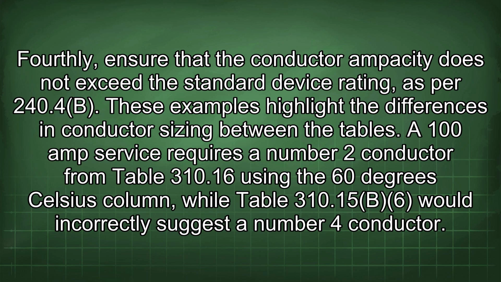These examples highlight the differences in conductor sizing between the tables. A 100 amp service requires a number 2 conductor from Table 310.16 using the 60 degrees Celsius column, while Table 310.15(B)(6) would incorrectly suggest a number 4 conductor.